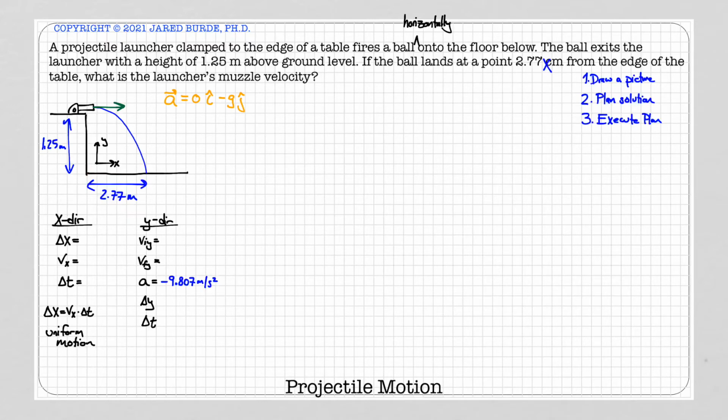So the projectile launcher is 1.25 meters up in the air. The projectile's up here and it moves downwards. And so that is motion in the y direction. That's our y displacement. And it's moving downwards, so that should be a negative value. At the same time, the projectile is moving horizontally along the ground as it moves from here to here. And so this horizontal component of motion would be the delta x, the displacement in the x direction.